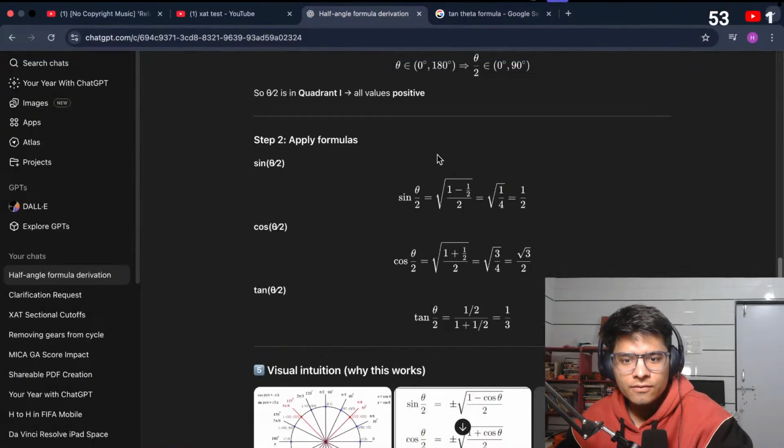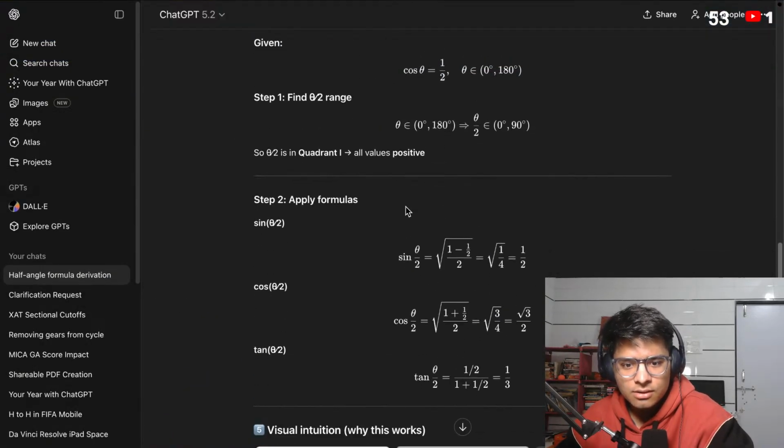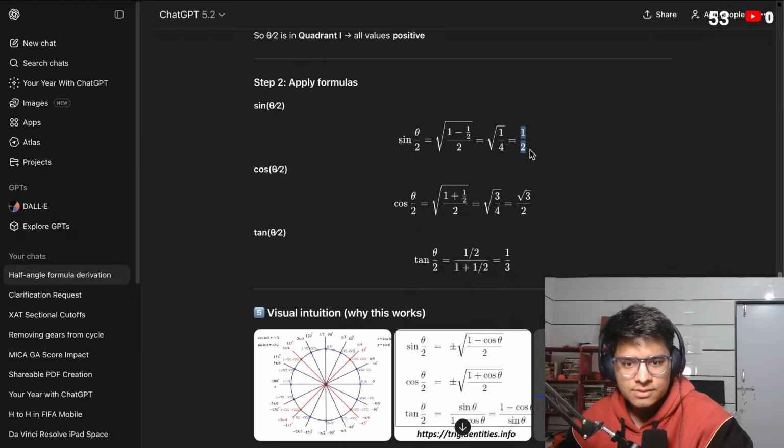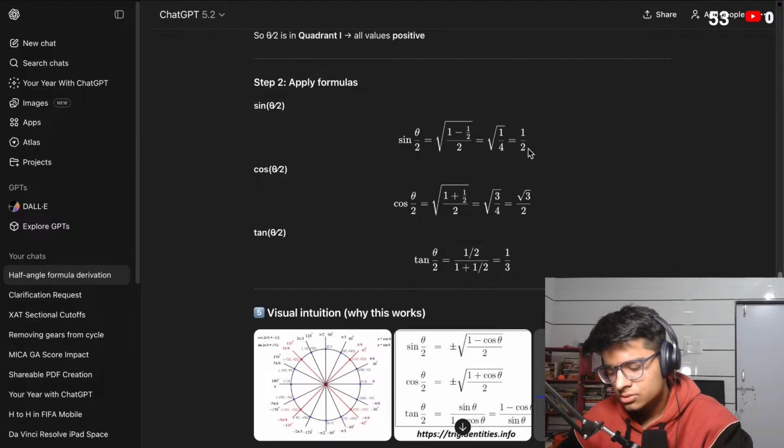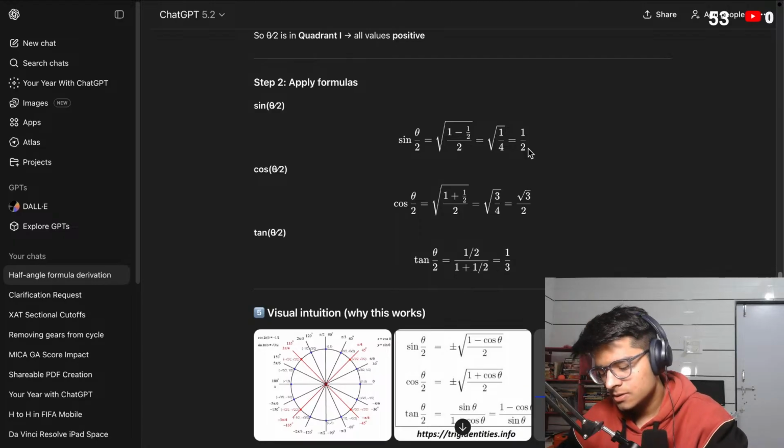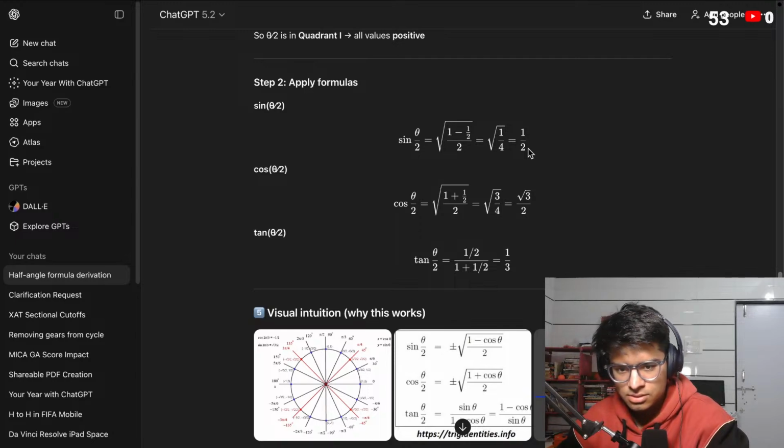But here if we see sin theta, which is 1 by 2, so 1 will be the opposite side. Cos theta by 2 is root 3 by 2, so this is root 3, which is the adjacent side.